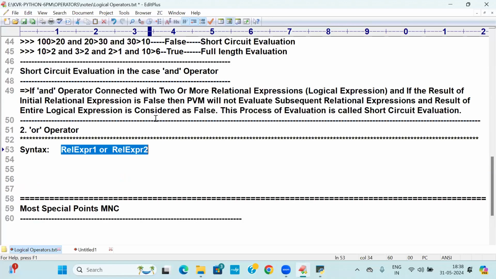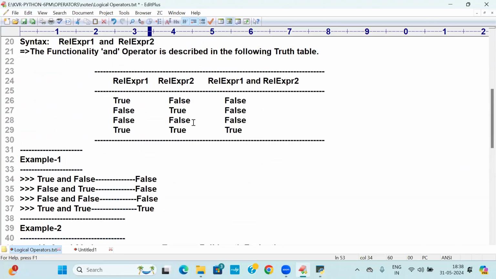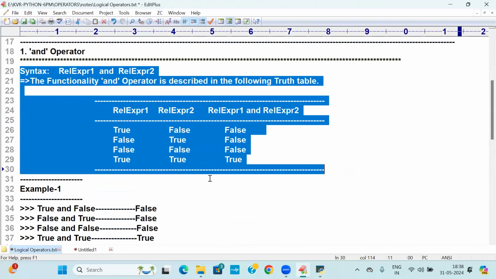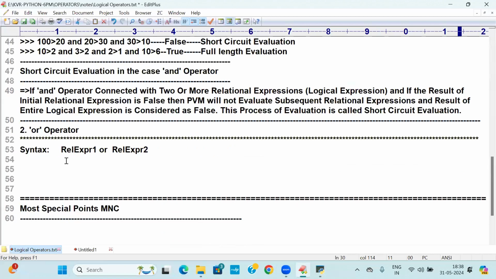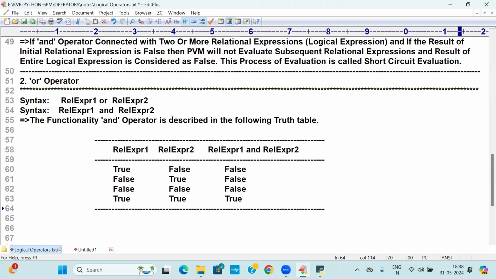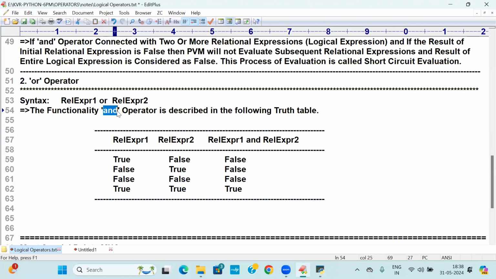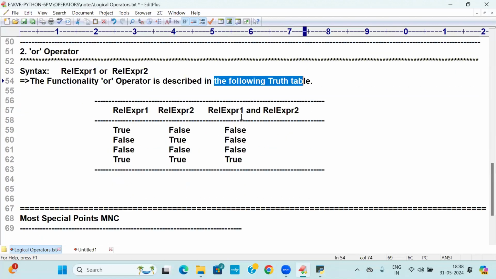Coming back to the point, here I'm writing the functionality of the OR operator. The functionality of the OR operator is described in the following table. I already said the formula.